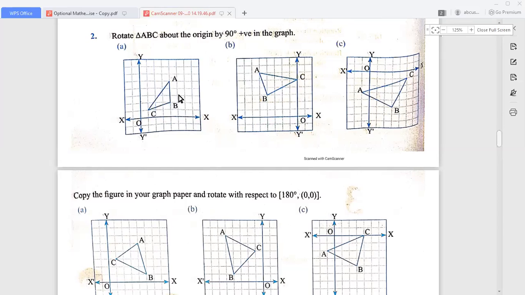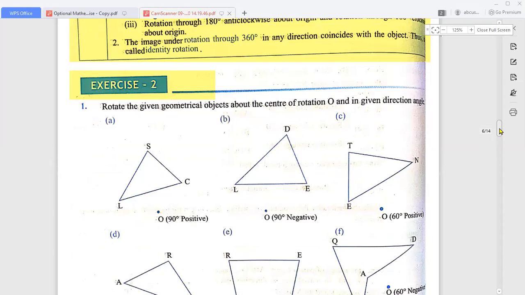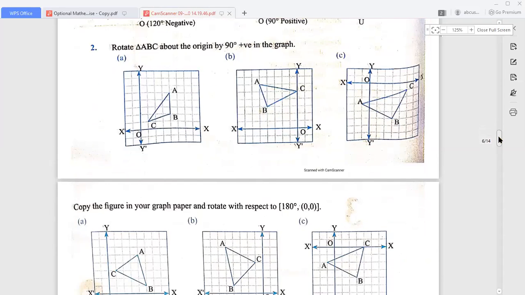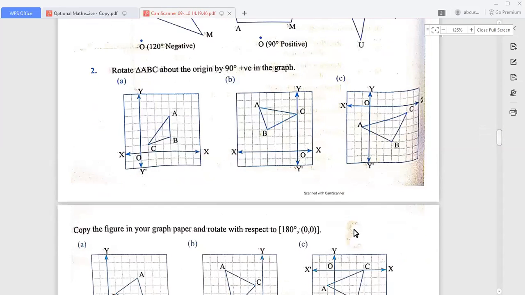Mr. Ishan, sir, do you have the textbook? Yes, sir. Okay, and please go to this page. Let me check what the page number is. The page number is not clearly showing here.